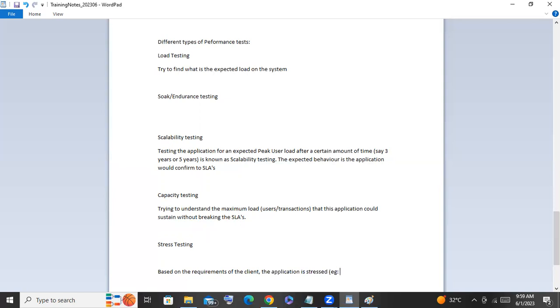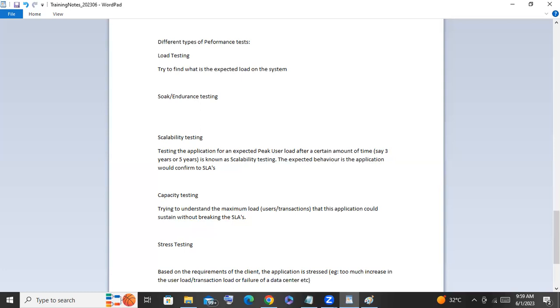Example, too much increase in user load or transaction load, or failure of a data center, etc. Guys, these are just a few examples that I have given.